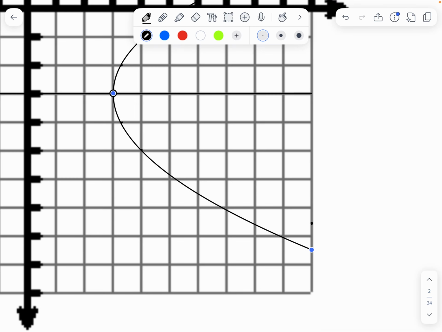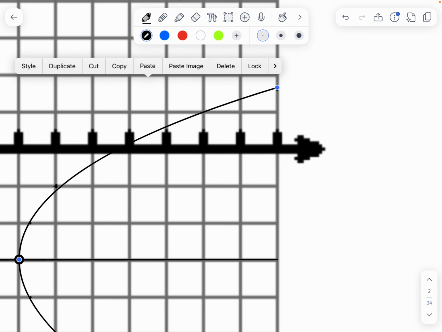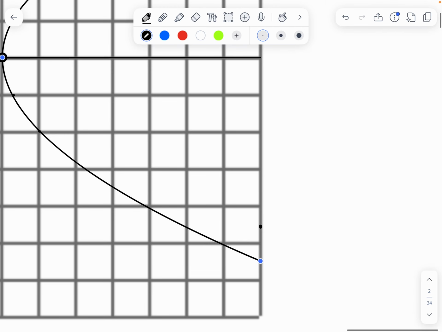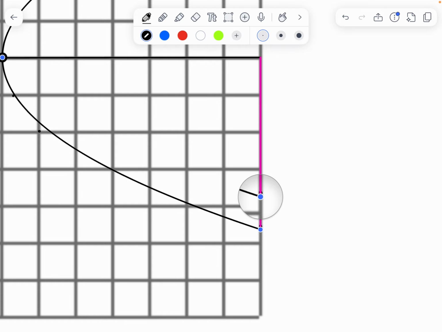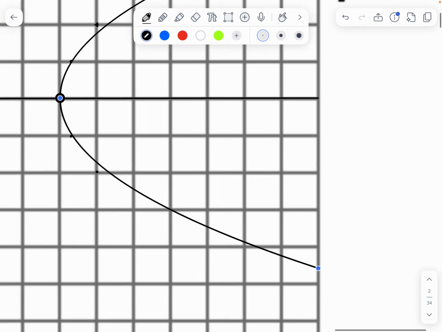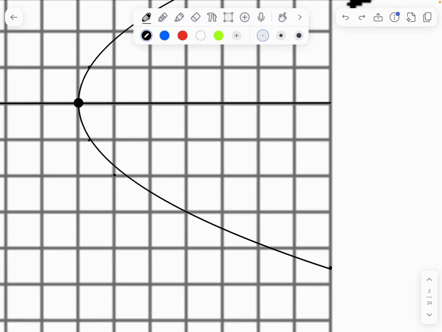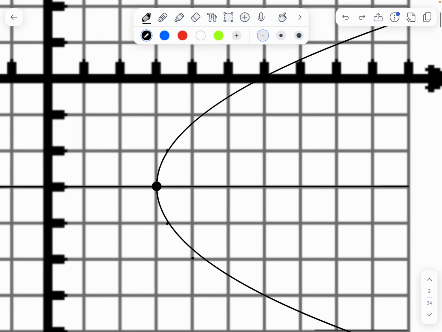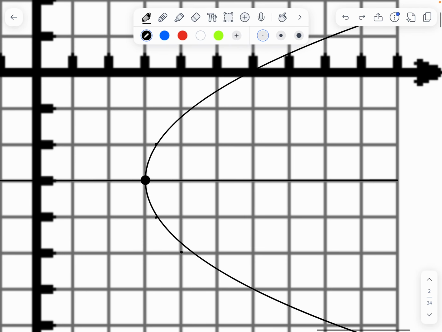Yeah, and that's our parabola. That's still not really 1.5. And notability parabolas will never be perfect. I guess it's just like that. Here, I guess we can just keep it like that.